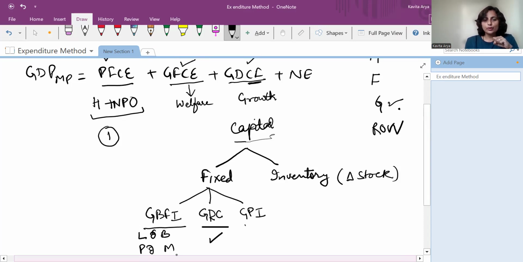And then we have gross public investment. I talked about this aspect that government has two functions primarily: growth as well as welfare.